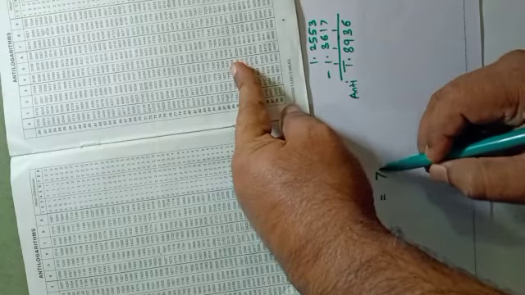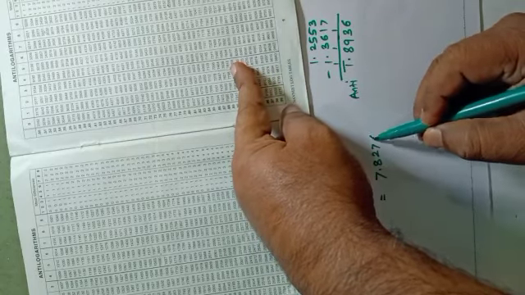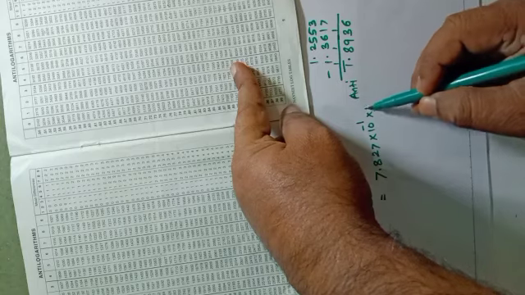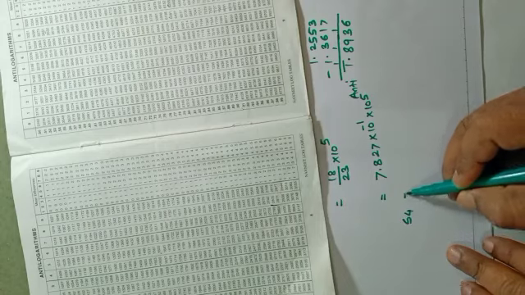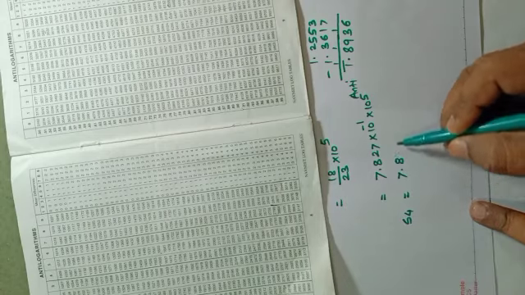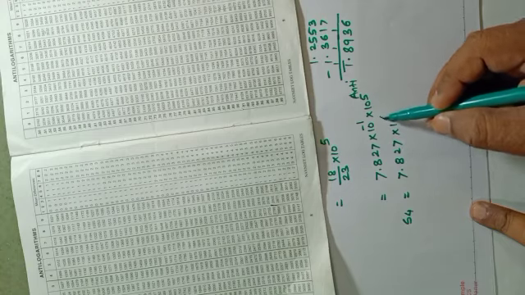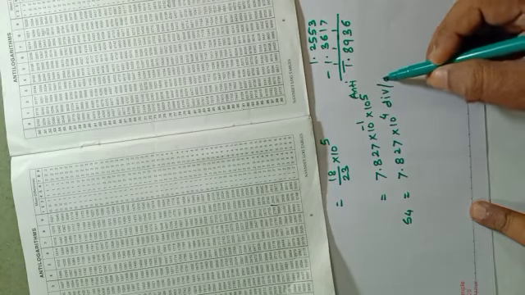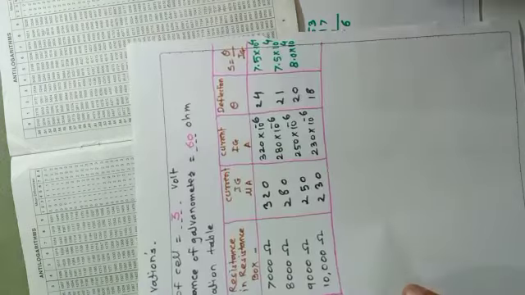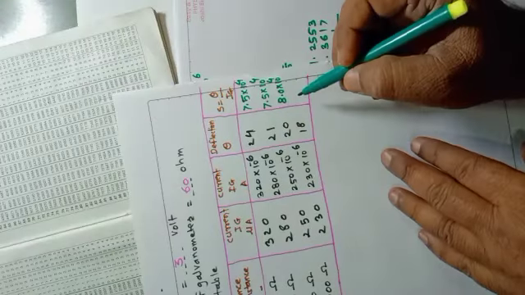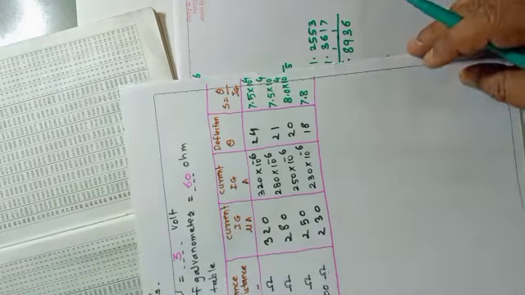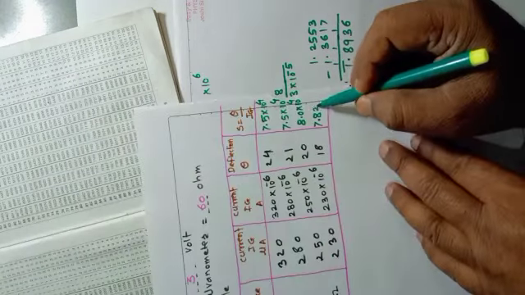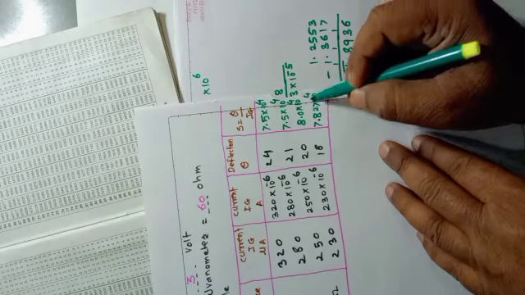So that here 7.827 into 10 to the power minus 1 into 10 to the power 5, and therefore the sensitivity becomes 7.827 into 10 to the power 4 division per ampere. So we can take here the fourth reading in the observation table, that is 7.827 into 10 to the power 4.